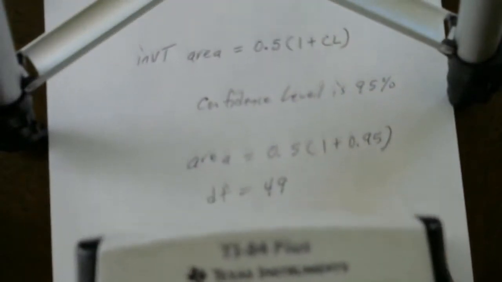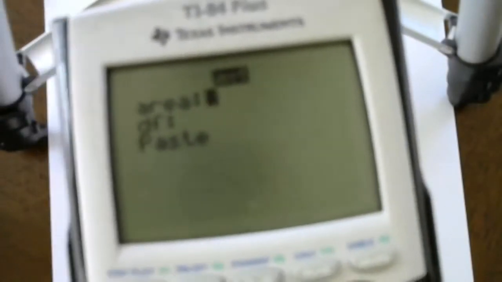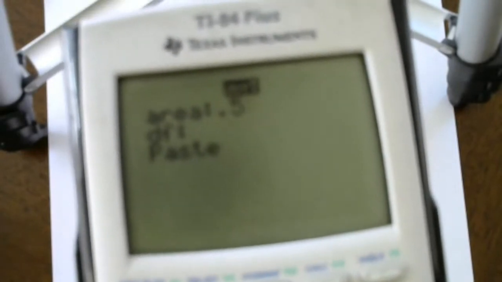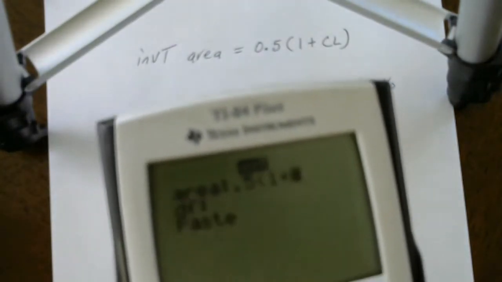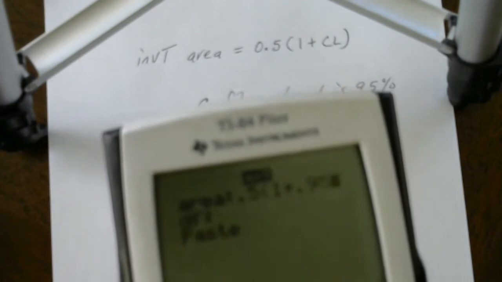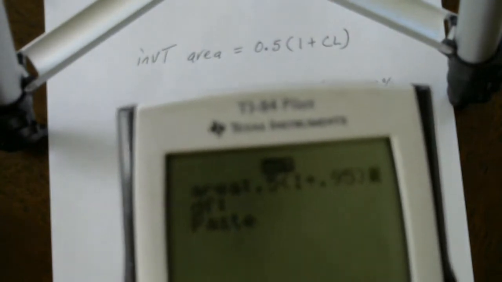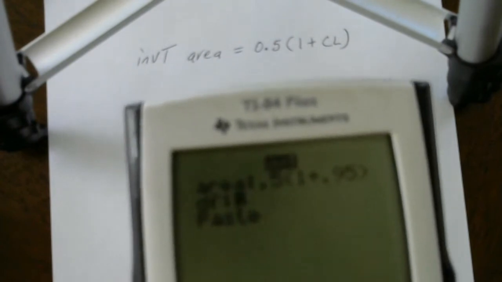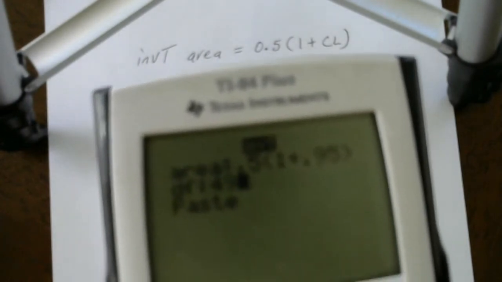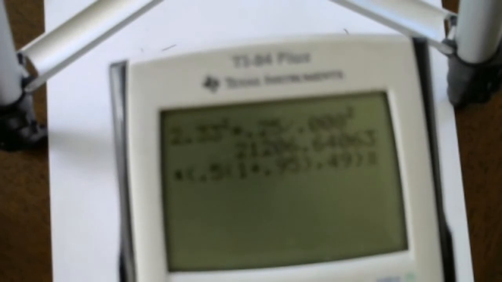All right. So for the area, I'm going to put in 0.5, a parenthesis, 1 plus 0.95, and close off my parenthesis. The degrees of freedom is 49. I'm going to go down to paste, hit enter, and hit enter again.